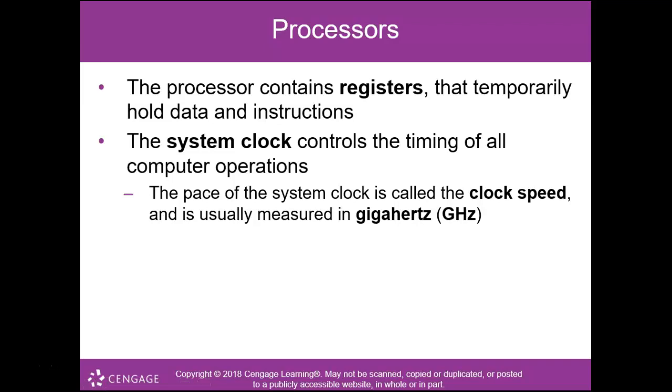Now, a processor contains a register. Sometimes it's called a CPU register. This is one of a small set of data holding places that are part of the computer processor. A register may hold an instruction, a storage address, or any kind of data, some sort of bit sequence.